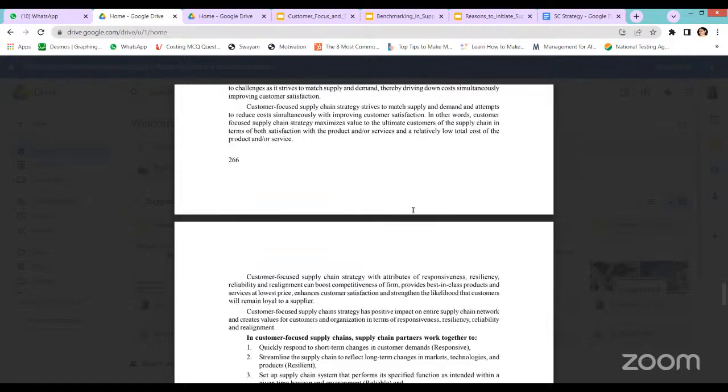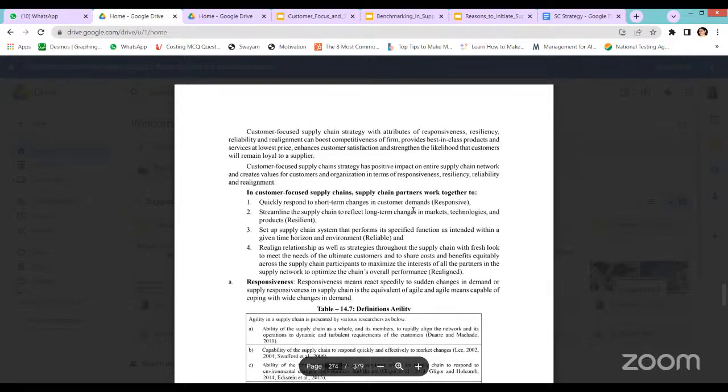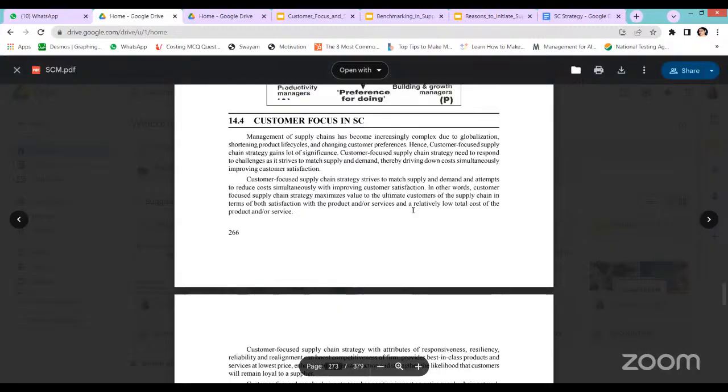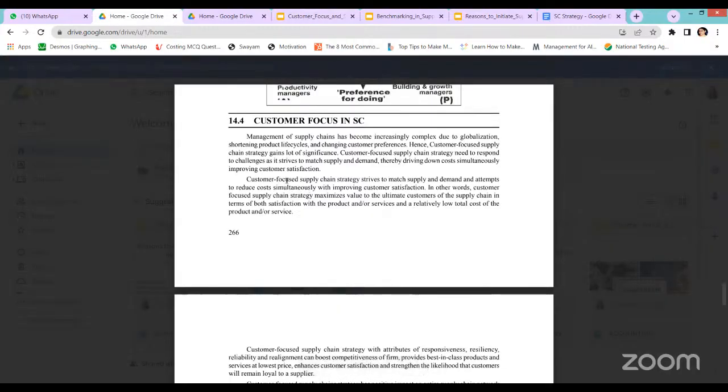Customer focus in supply chain. As I mentioned, what is customer focus? Customer focus in supply chain means strategies try to match supply and demand, attempt to reduce the cost, and simultaneously want to improve customer satisfaction.